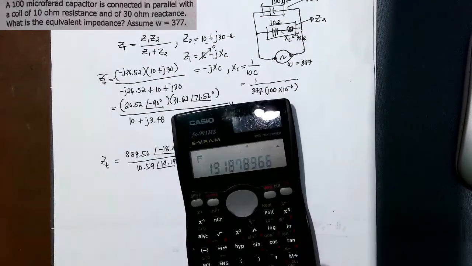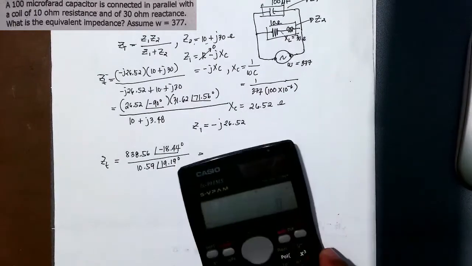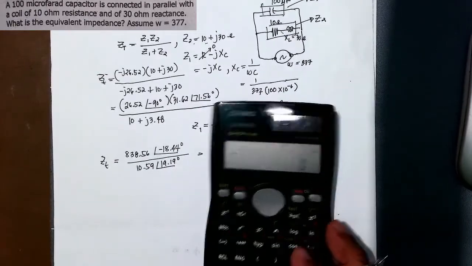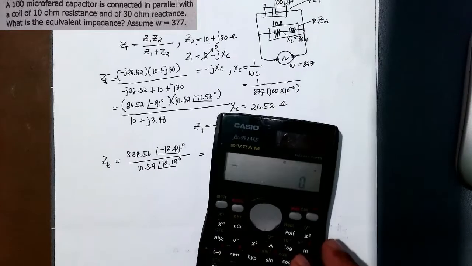So it's easy for us to solve this because it's all in polar, the denominator and the numerator.